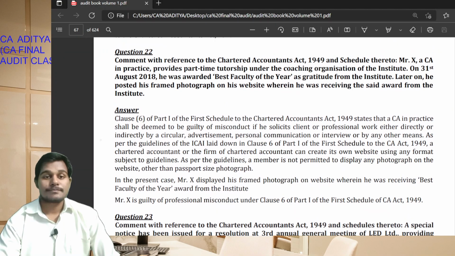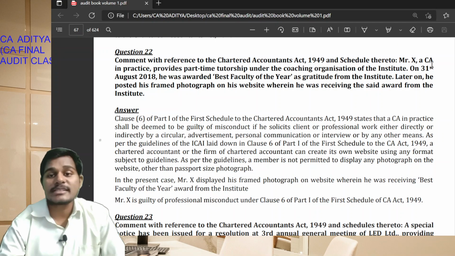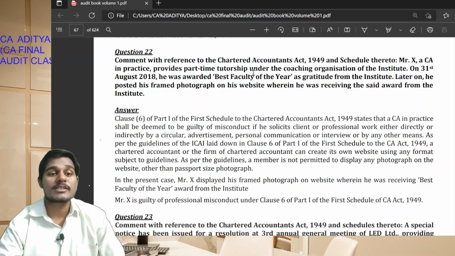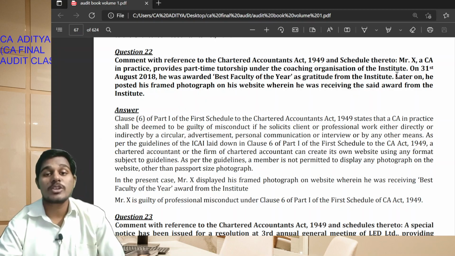See students, Mr. X, a chartered accountant in practice, provides part-time tutorship under the coaching organization of the institute. On 31st August 2018, he was awarded Best Faculty of the Year by the institute.